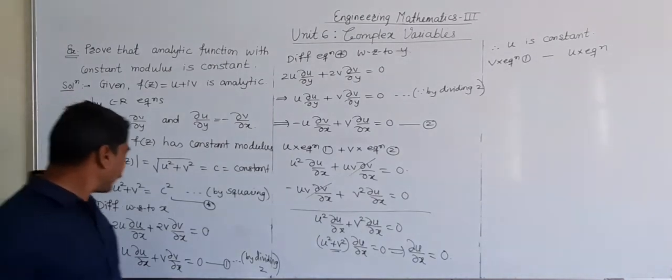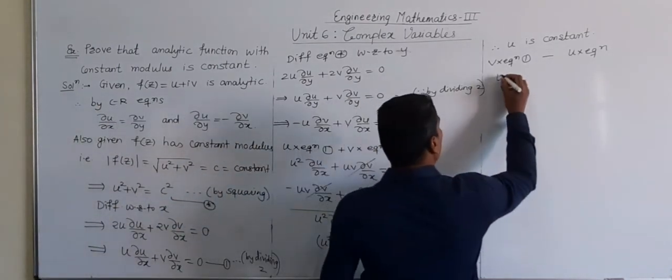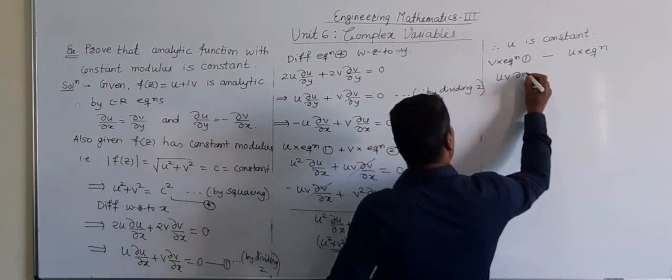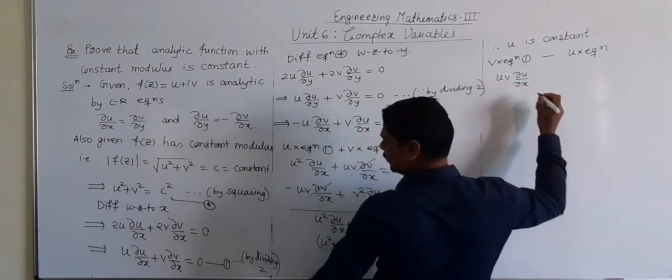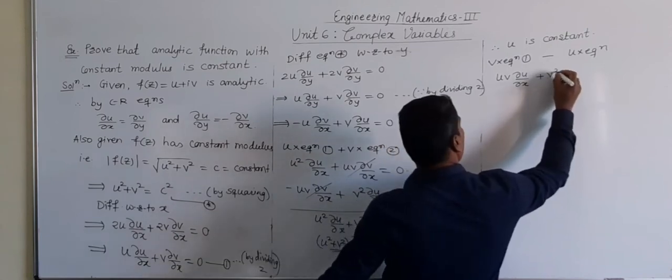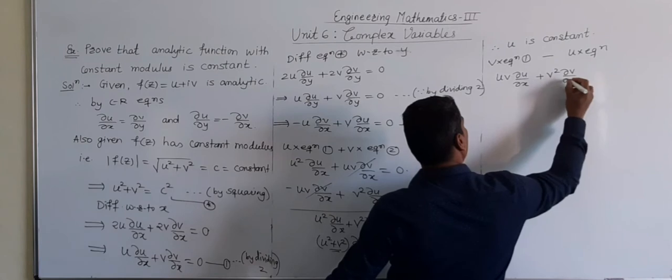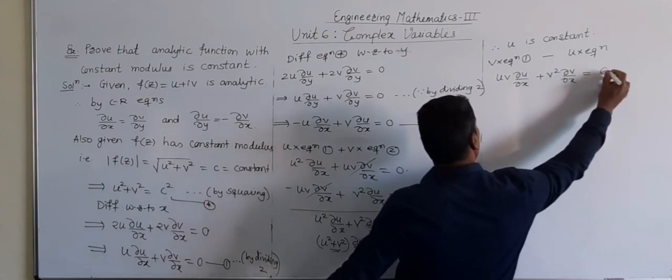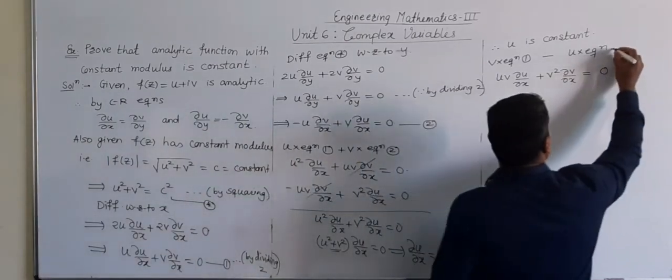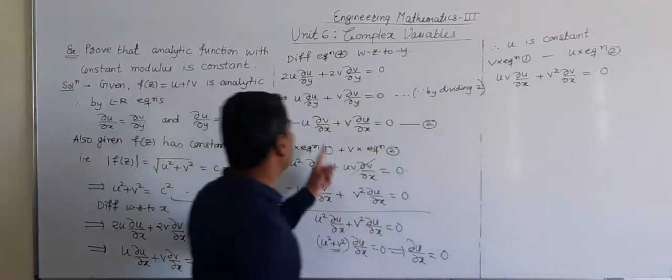So multiplying equation 1 by v, we get u into v into partial derivative of u with respect to x, right? Then plus v square into partial derivative of v with respect to x is equal to 0. And then multiplying equation 2 by u. This is our equation 2.